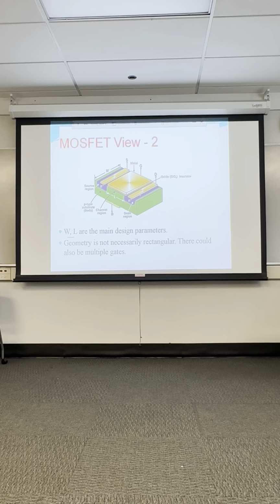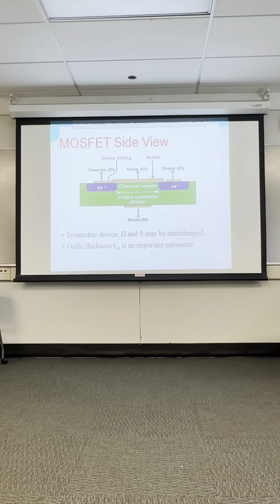BJTs are usually fixed and already designed. However, if you're a design engineer using MOSFETs, you could actually design your own new MOSFET devices. This is showing a side view of the body of the MOSFET, a P-type substrate.